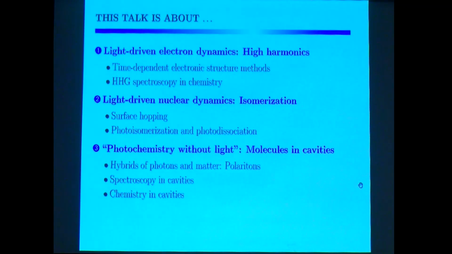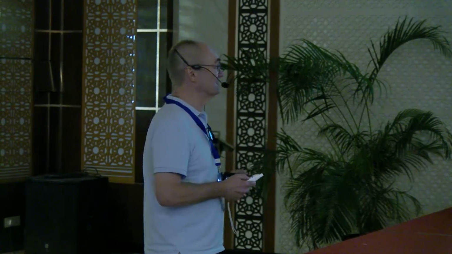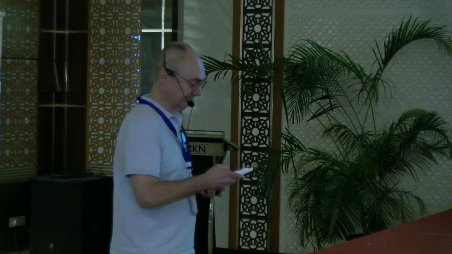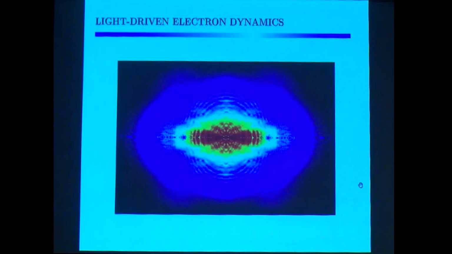So we have electrical fields in a cavity in which molecules are placed. And this has some effect on the spectroscopy, that is the photophysics, but also on the perhaps reaction dynamics, as we shall see. So let me start with the first topic.